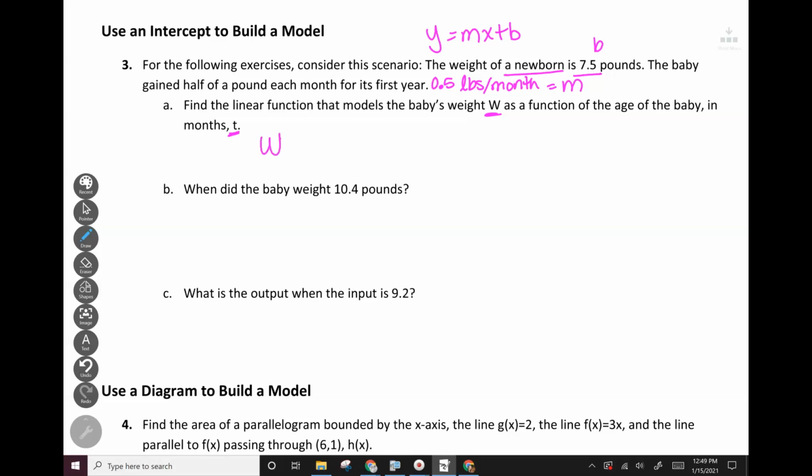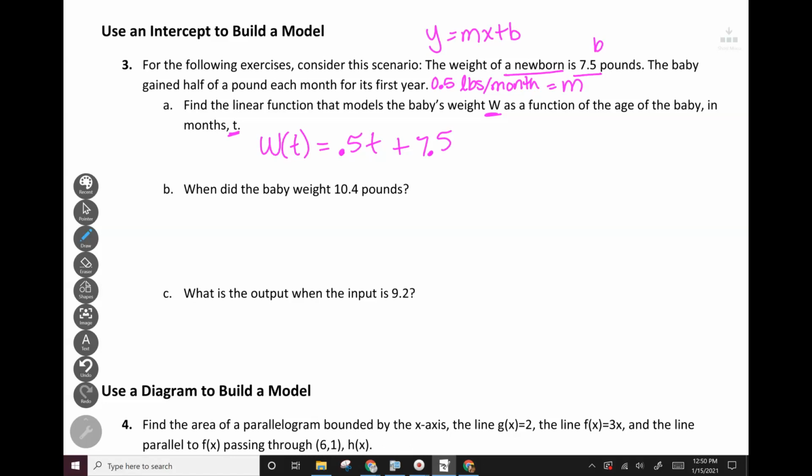Okay, so w of t, the weight in terms of the time, the number of months, is going to be 0.5t plus 7.5, because 0.5 was our slope, our rate of change. So just using that y equals mx plus b model to write the linear function there.